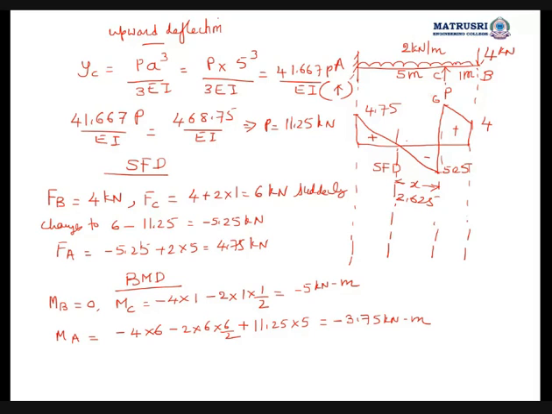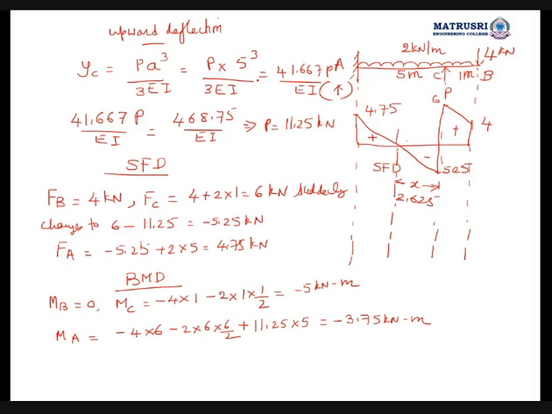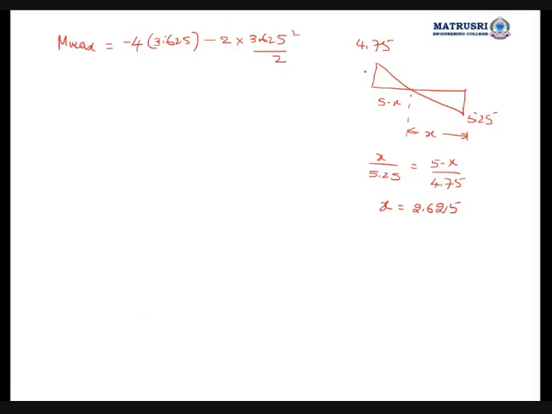Then due to UDL, 2 into 3.625 into 3.625 by 2, that is also minus. So minus 2 into 3.625 whole square by 2. Then P into 2.625, anticlockwise positive.